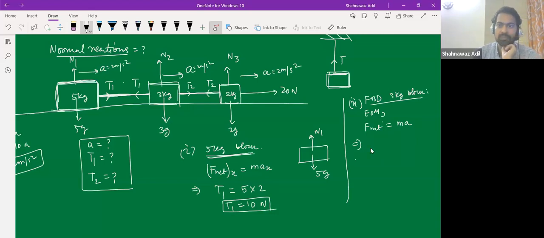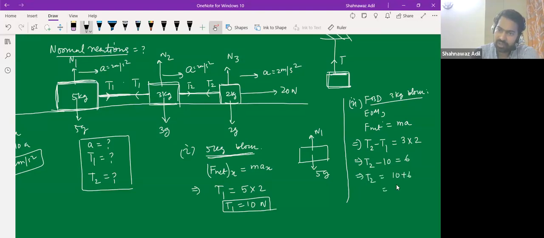T1 and T2. T1 is negative, T2 is positive. So T2 minus T1 is m into a. Mass is 3, acceleration we have calculated, so T2 minus T1, which we calculated as 10, is 6. So T2 is 10 plus 6, so 16 Newton.